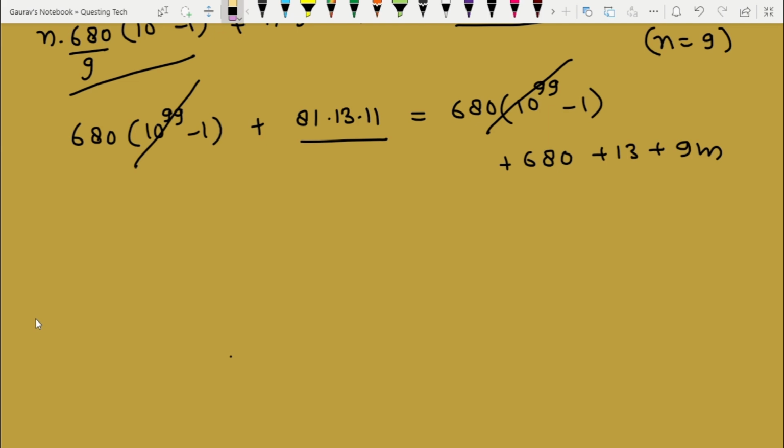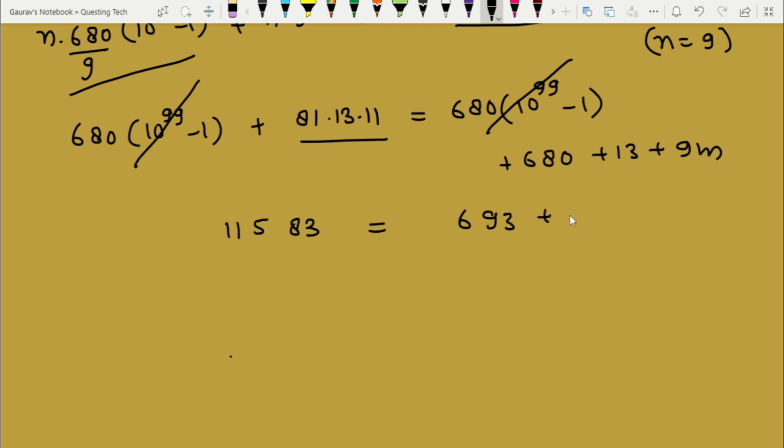Yes, I can. This is 81 multiplied by 13 multiplied by 11, which is 11583, equal to 693. Is it 693 or what?